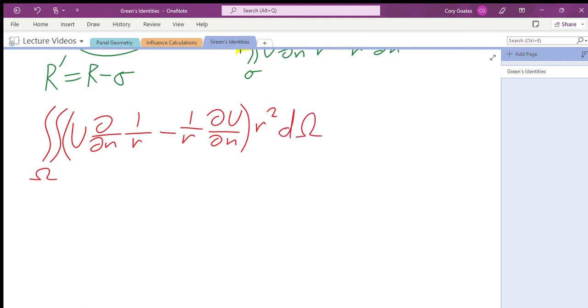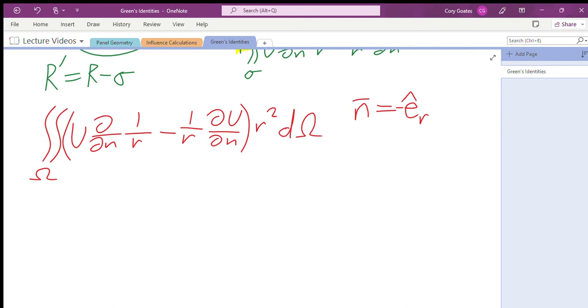There's a couple things we can do to simplify this to get to a better form before we actually evaluate some of this integral. One thing we can do is recognize that on this sphere, the n vector that's pointing inward is always going to be opposite our radial direction. So n is always the negative of e hat r.